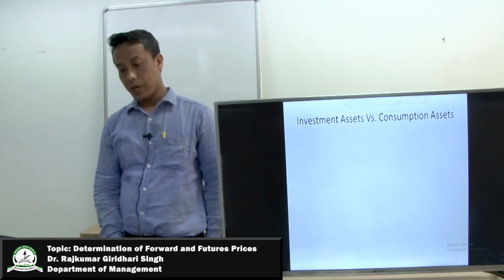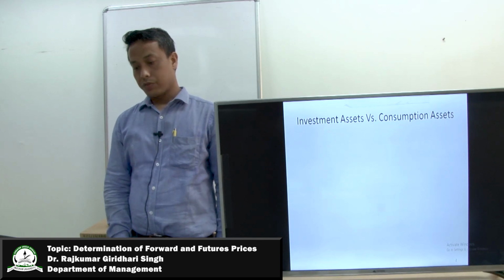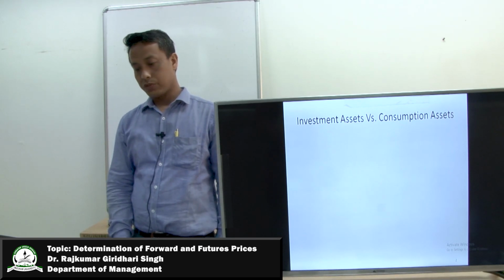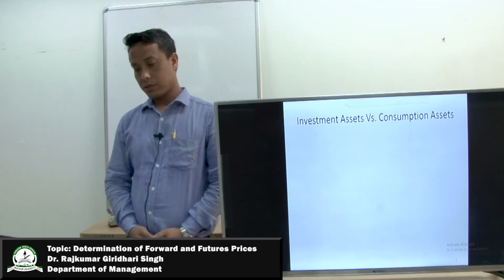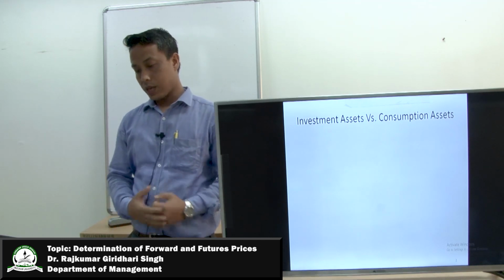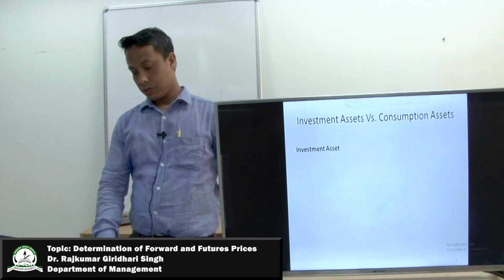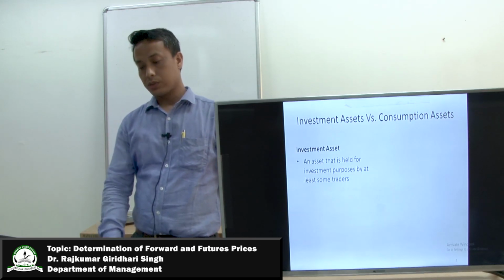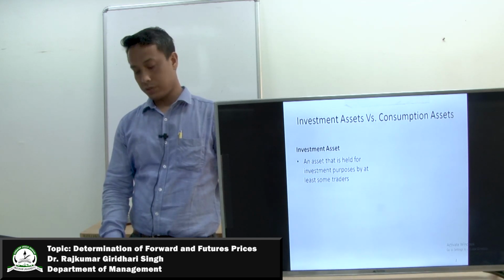Now, when we have to find out the prices of forwards and futures, what we need to understand is the difference between investment assets and consumption assets. So assets have to be classified in two ways. Investment assets are those assets which are held for investment purposes by at least some traders.